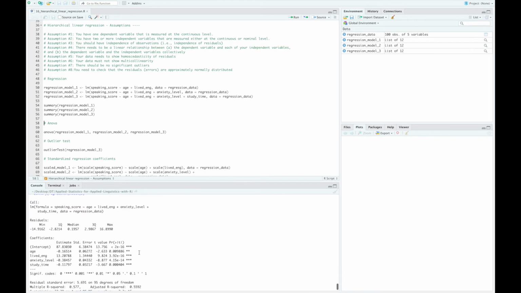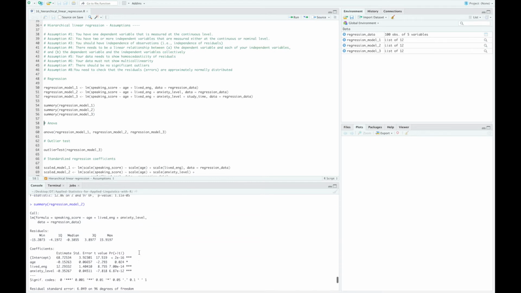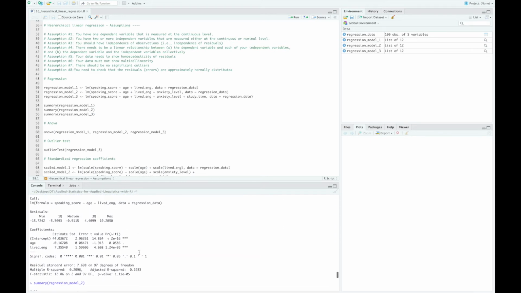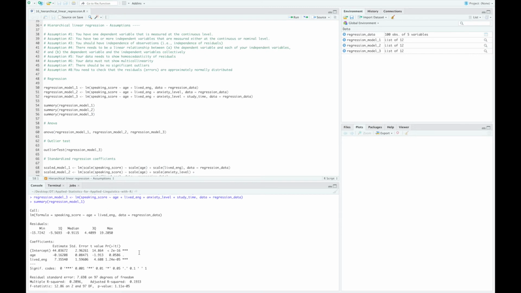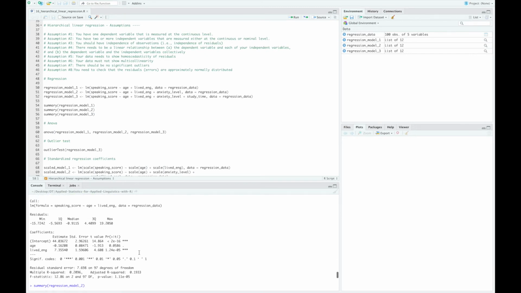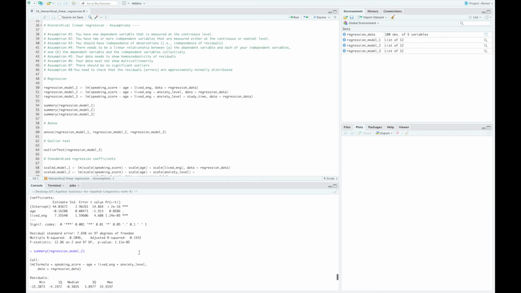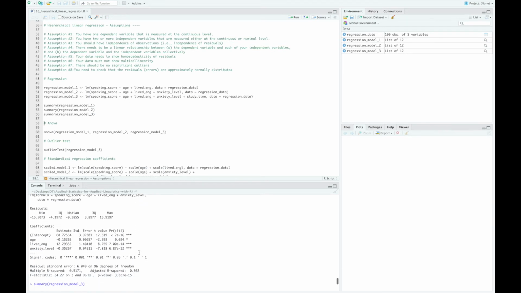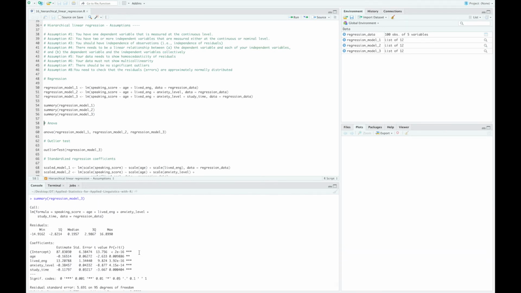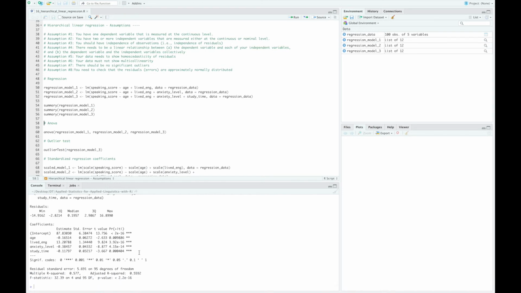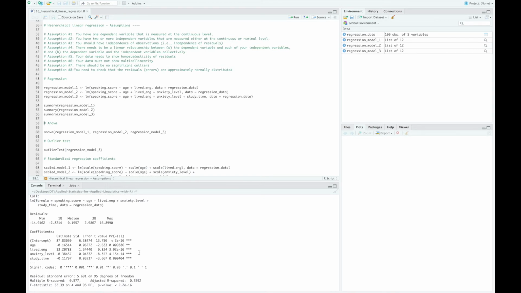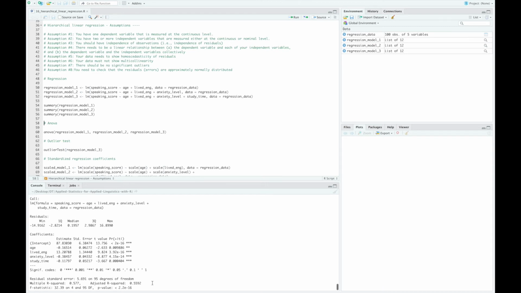and when we take a look at our 3 models, we can see the change in between each model. Unlike, for example, SPSS, if you were to run a hierarchical multiple regression in SPSS, you would automatically get an output of, for example, the change in your R² between each model.